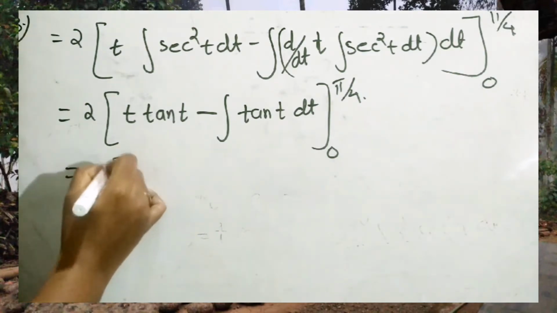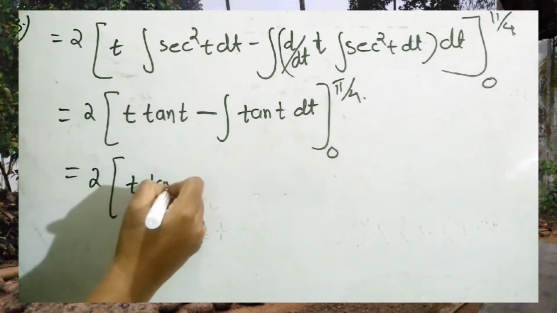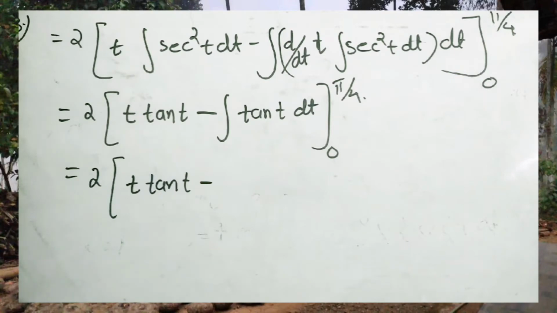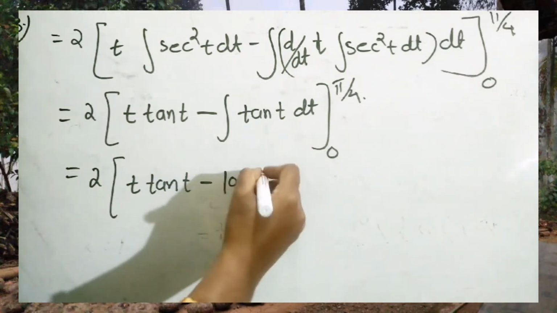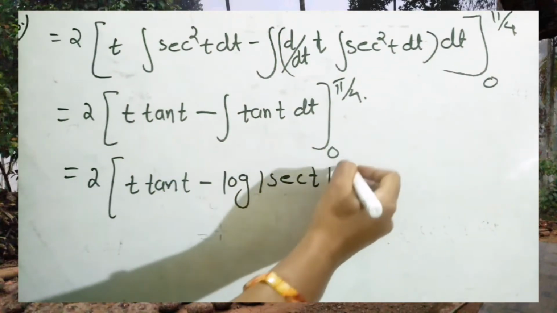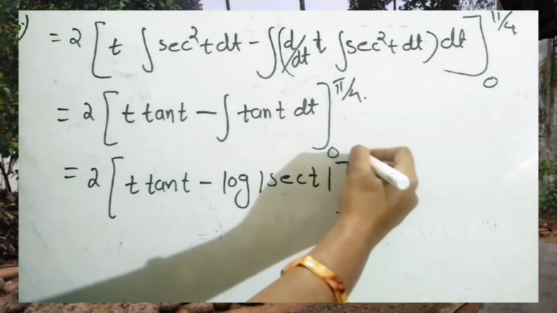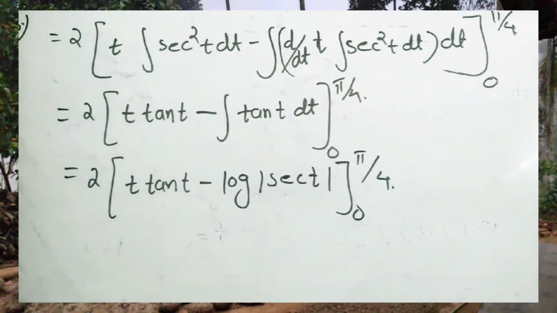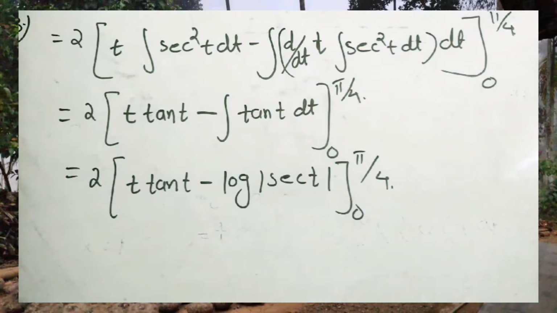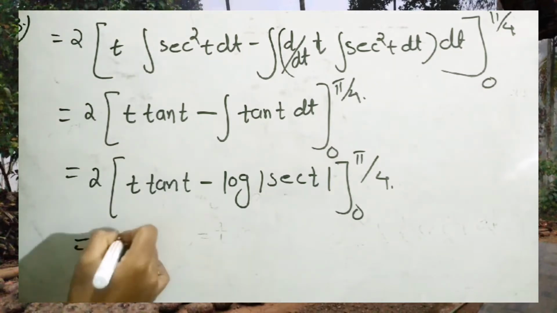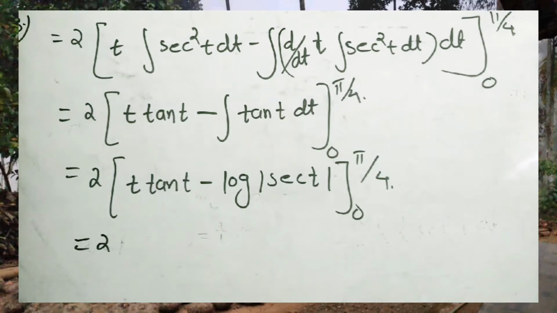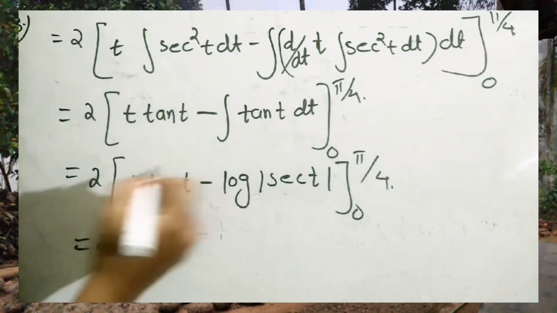So 2 into t tan t minus this integral tan t dt, that is log mod sec t, from 0 to pi by 4. So t tan t minus log mod sec t from 0 to pi by 4. Now we are going to substitute the values because all the integrations are over.